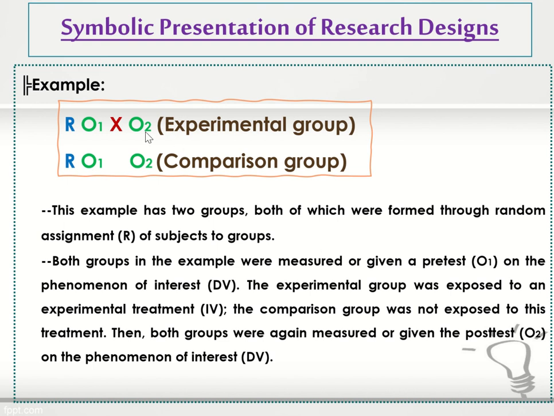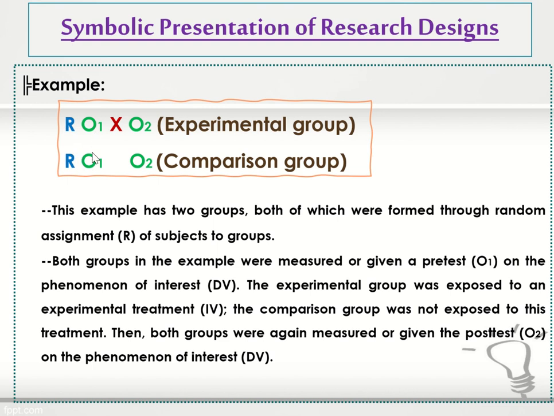Then, after which both groups were again measured or given the post-test. So, nag-observe ulit tayo, nagbigay tayo ng post-test as indicated by O sub 2, parehong grupo on the phenomenon of interest or our dependent variable. So that's how we read this symbolic representation. So again, we have two groups here. For each group, yung mga subjects natin were assigned randomly.